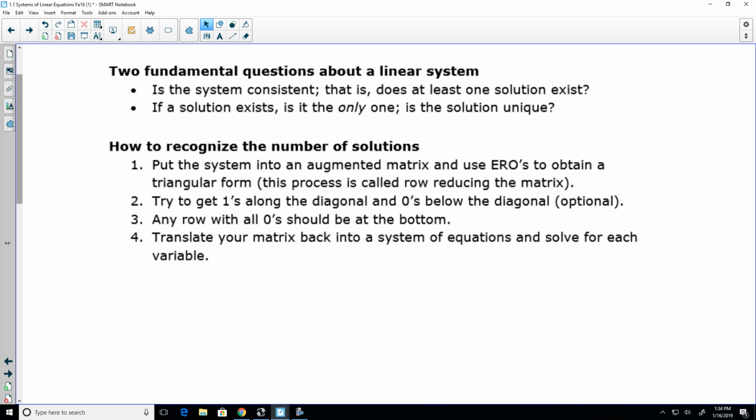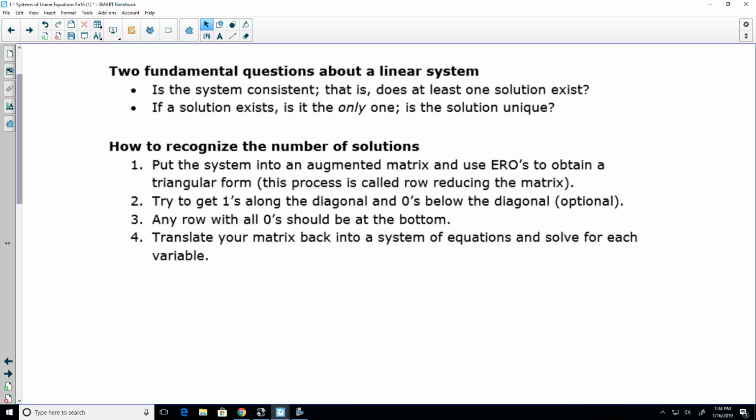Two questions about systems that we're always going to be worried about. Is the system consistent? What does consistent mean? It means at least one solution. It could be one, or it could be infinitely many. You can't have two solutions, three solutions, or four solutions. It's always either one or infinitely many. And infinitely many doesn't mean everything.